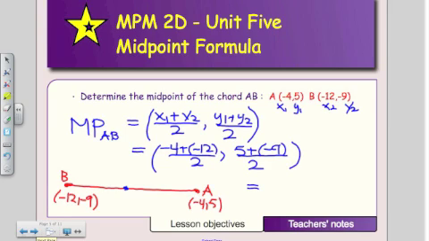So what is -4 plus -12? -16. -16 divided by 2. 5 plus -9 is just -4, divided by 2. So your final midpoint is just -8 and -2.